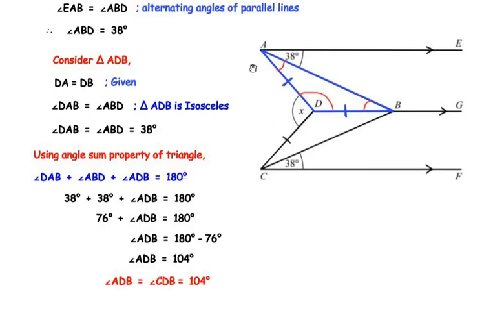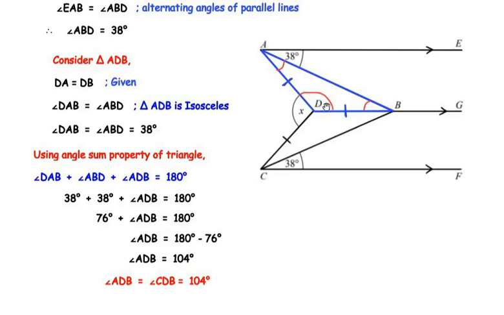Now we have the value of angle A and B with us, that is 38 plus 38 plus angle D is equal to 180. Now 38 plus 38 gives us 76 plus angle ADB is equal to 180. Now subtracting 76 from both the sides of the equal to sign, we get angle ADB as 180 minus 76, which gives us 104 degrees. So this is the value of the angle D over here.